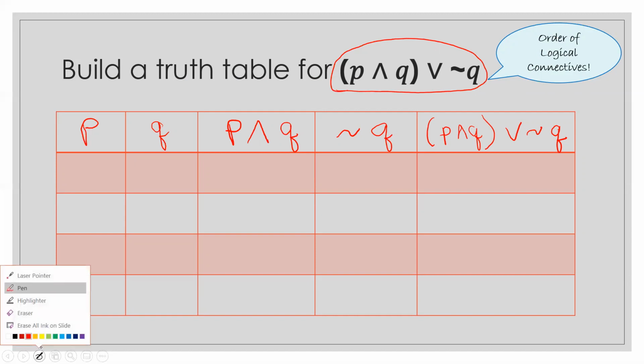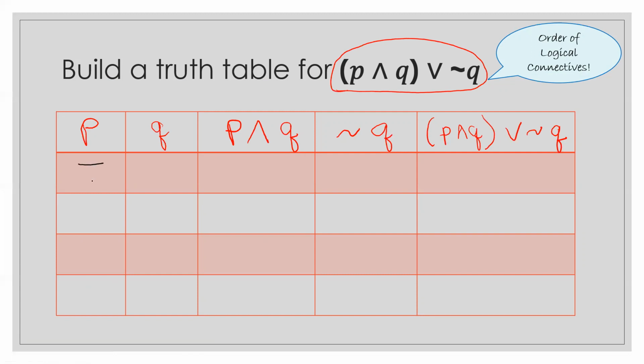Now, let's put up our possibilities. True, true, true, false, false, true, and then false, false. Okay, an and statement is true when both are true.